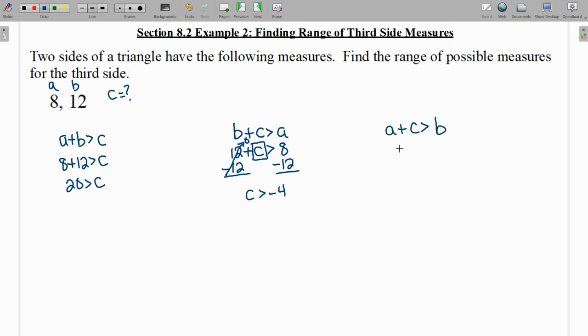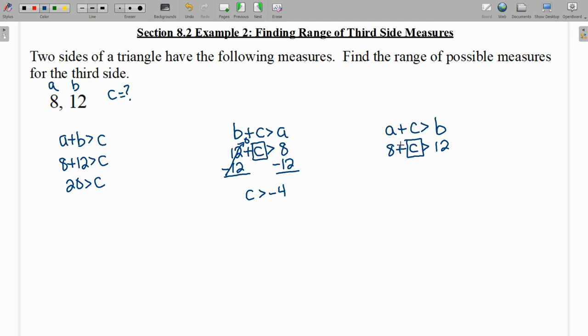Now, in my third part, the sum of A and C has to be greater than B. A we labeled as 8, plus C, that's our unknown, that's what we're looking for. The sum of these two must be greater than B, which is 12. Once again, I need to solve this inequality for C, so I need to isolate that term on the left-hand side.